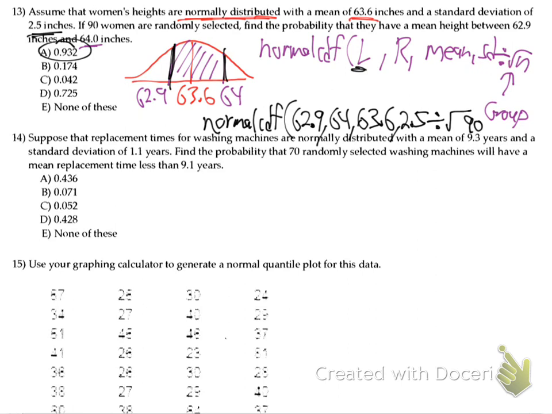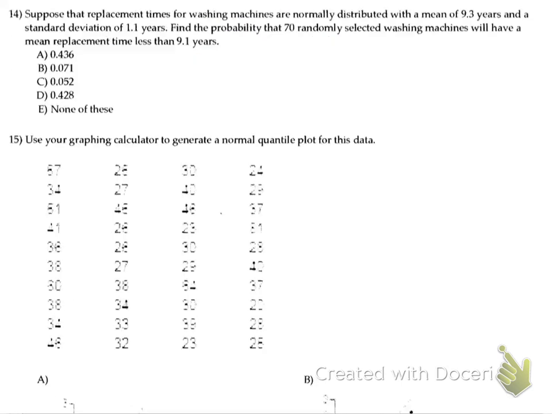All right, 14. Suppose that replacement times for washing machines are normally distributed. Find the probability that 70 randomly selected washing machines. Okay, so two keywords need to jump off the page for you right away as you read this. There it is again, normally distributed. We know it's going to be normal CDF or inverse norm.